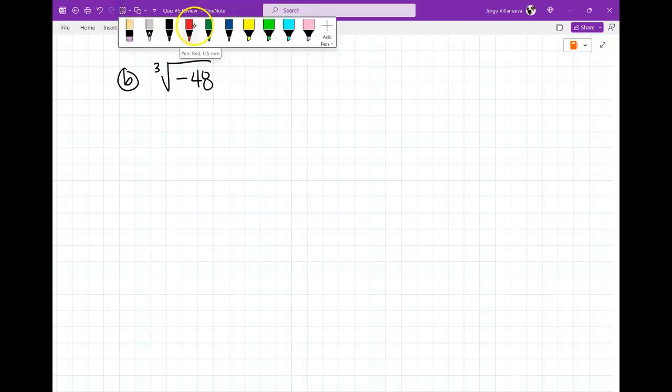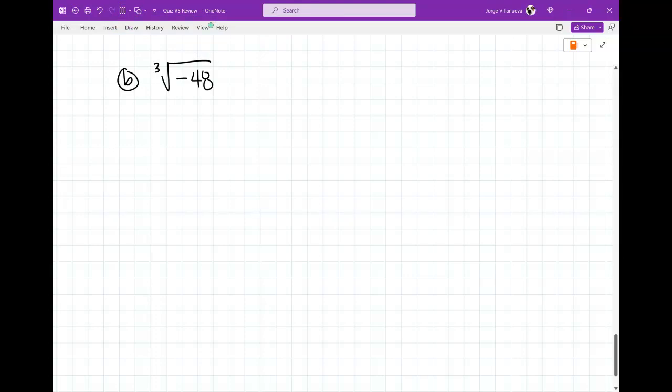remember that I gave you guys, I'm just going to use 48 right now, not negative, but I'll use negative 48. That's fine. I gave you guys numbers to focus on when it comes to cube roots, okay? I said, see if you can divide by 1, by 8, by 27, 64, and I'm going to add one more, 125.